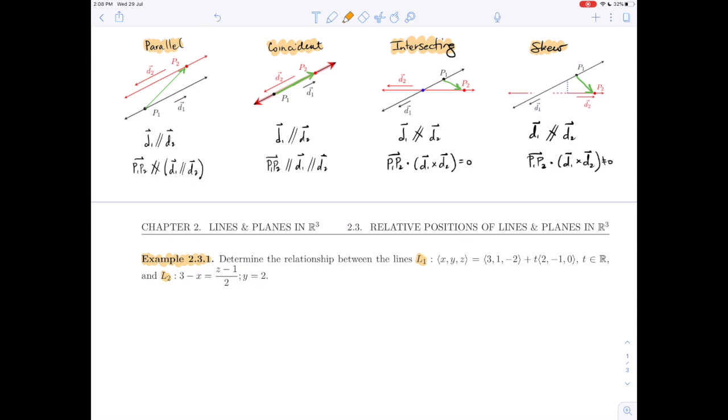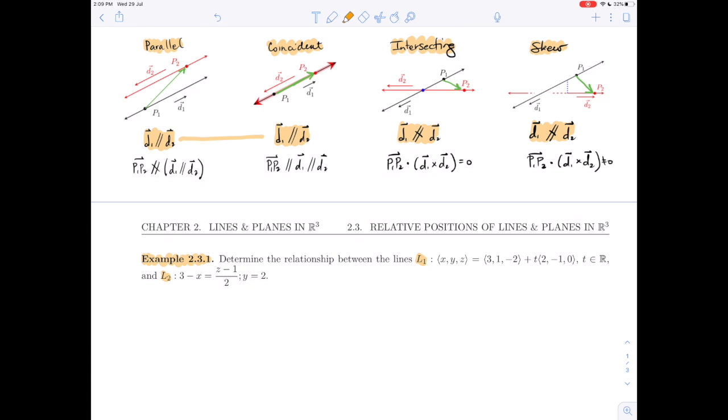Parallel and coincident lines both have parallel direction vectors d1 and d2, whereas intersecting and skew lines have non-parallel direction vectors. So we had to look at a second criterion to distinguish between each of those cases.